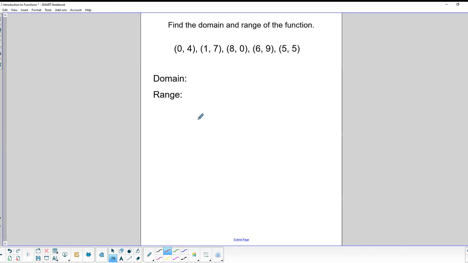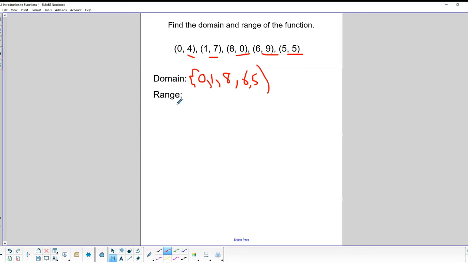Okay, find the domain and the range of the function. So the domain, again, is the input values. So I'm going to have 0, 1, 8, 6, 5. Just like that. So there's the domain, and the range is going to be the y values.